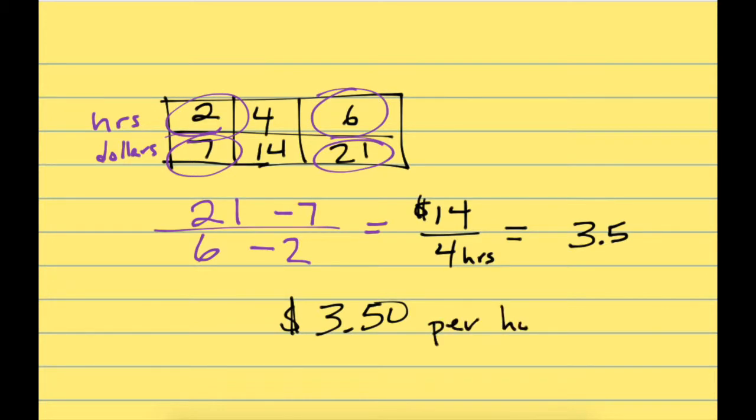And so in this situation, what that rate of change represents is the cost per hour of use for the computer in the internet cafe. Every 1 hour costs you $3.50. So rate of change allows us to break it down to a per unit change, per hour, per minute, per mile.